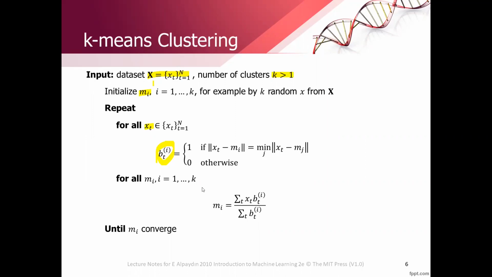So what will be the best position for the reference vector? In the middle of the set of observations which have this representative. So we compute a new value for the reference vectors by computing the means. This is 1 only if observation t was classified as, or assigned to, the vector M sub i.